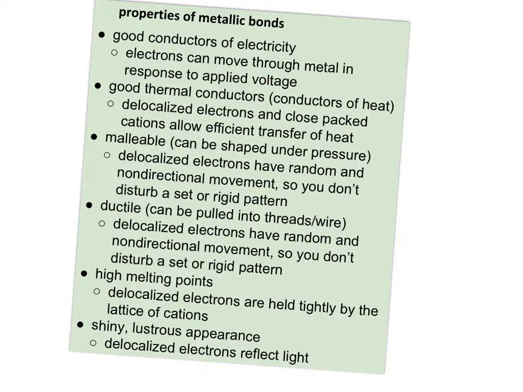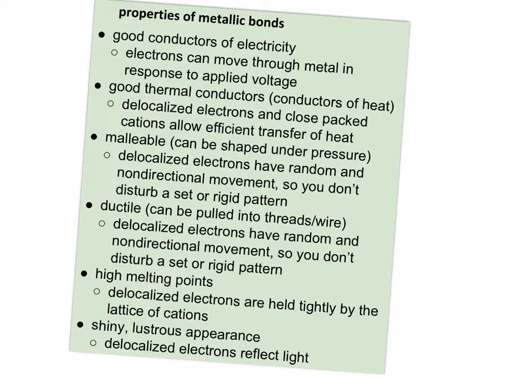Remember, heat is just the movement of electrons, and where they're moving more gets transferred to where they're moving less. So with things packed in tightly and in this very regular structure, it allows for heat to easily be transferred as well. Metals are also malleable. They can be shaped under pressure. And that's because when you apply a force to a metal, you don't disturb a rigid alternating pattern of positive and negative.